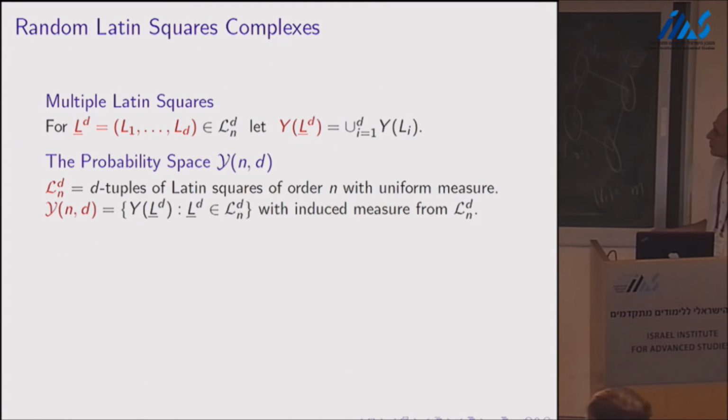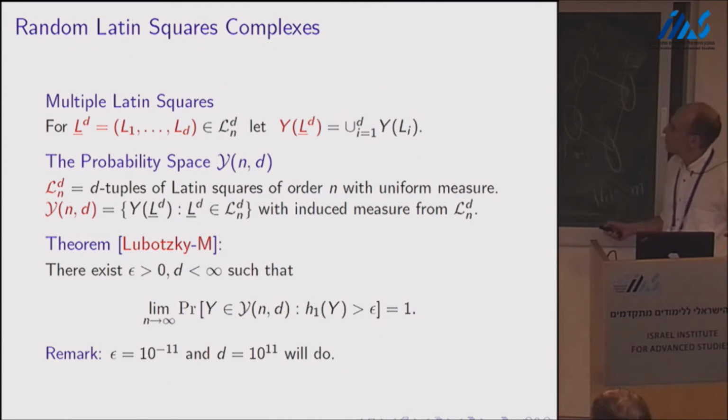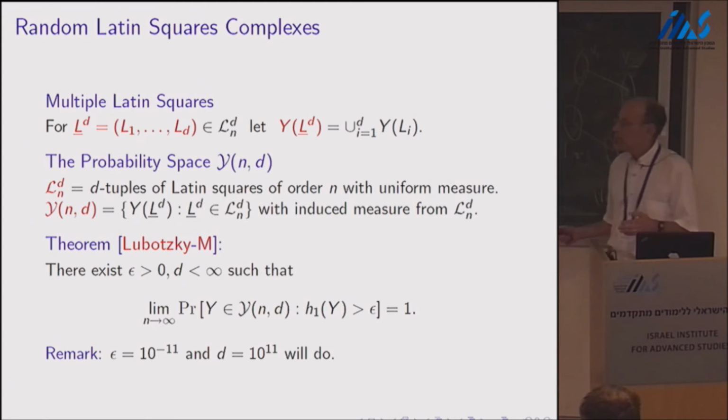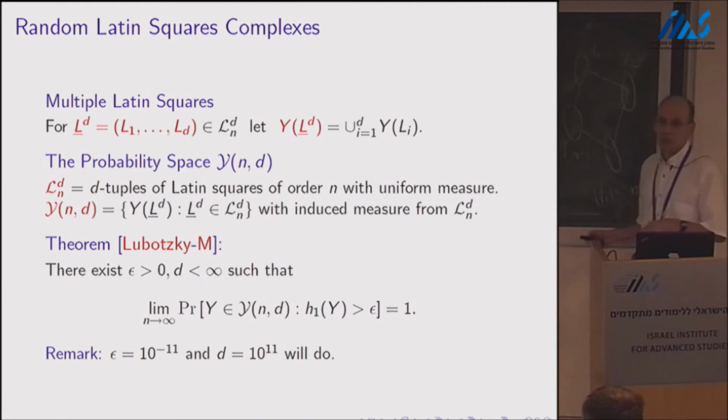And we do this by simply taking d independent Latin squares, independently in the space of all Latin squares. So this is the probability space, L_n to the d, and we take the union of the complexes that they generate.